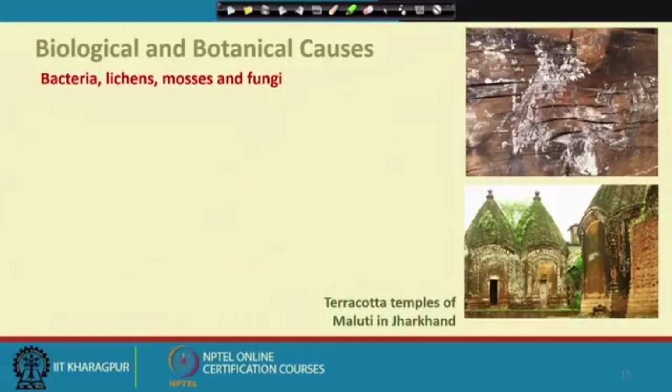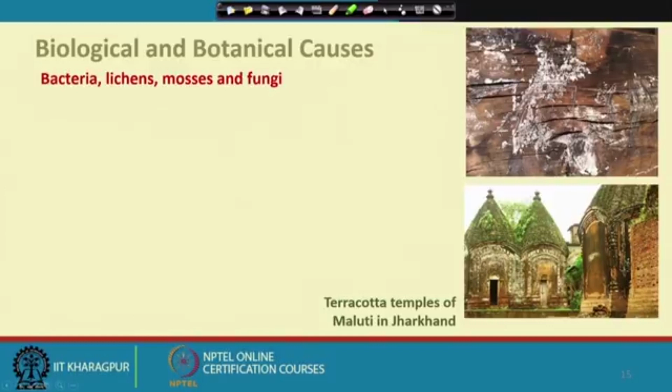In this category also come the bacteria, lichens, mosses and fungi. It's a huge family, and as I can see there, these are the terracotta temples of Maluti in Jharkhand, beautiful groups of more than 100 temples, and they are on a tentative World Heritage list.